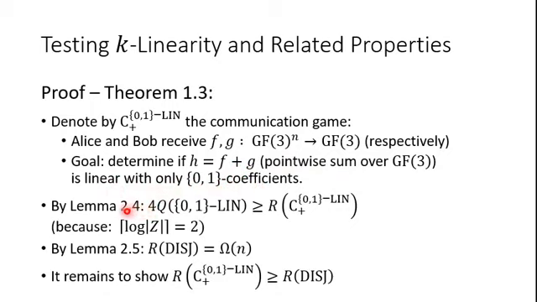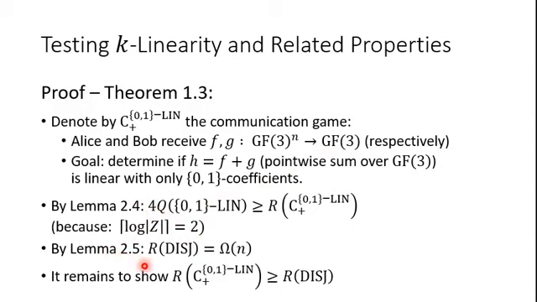Now by Lemma 2.4 again, we have the following relation between the query complexity of 0, 1 linear and the communication complexity of the testing game for 0, 1 linear, where the 4 instead of the 2 is simply because we now have z being of size 3, so the upper bound of log z will be 2, so it's 2 times 2 and we get the 4.